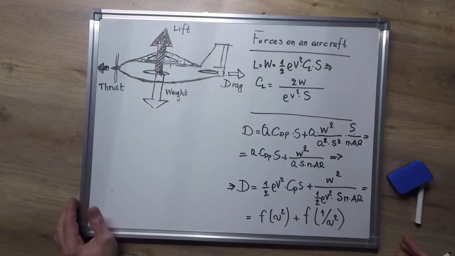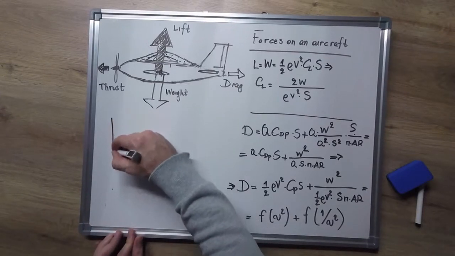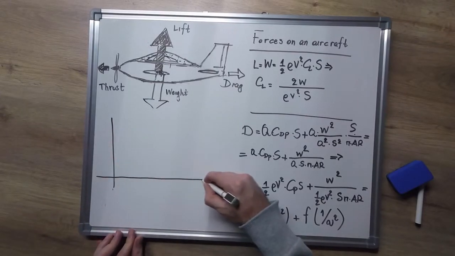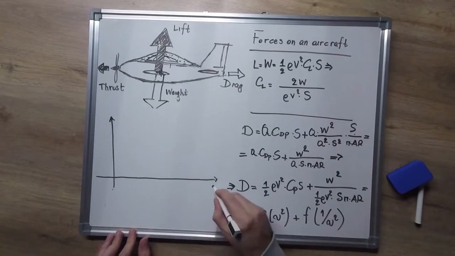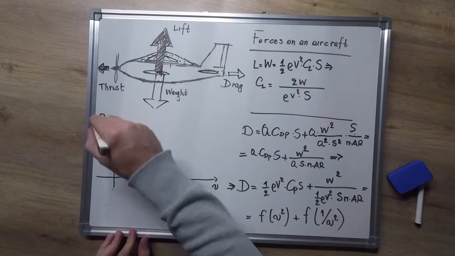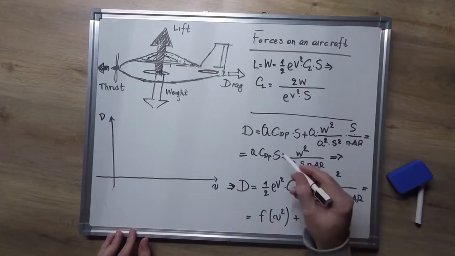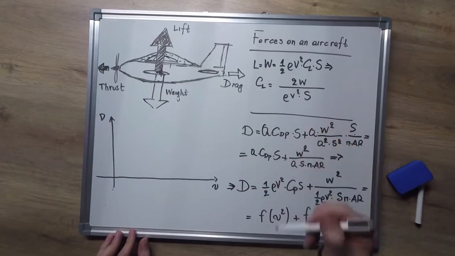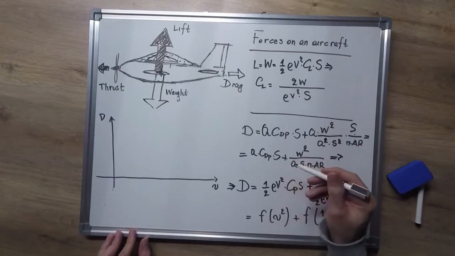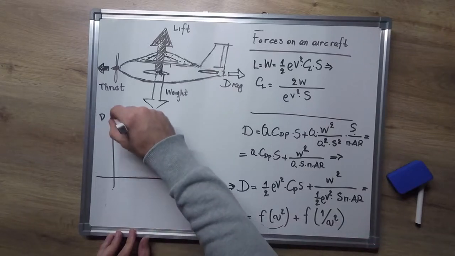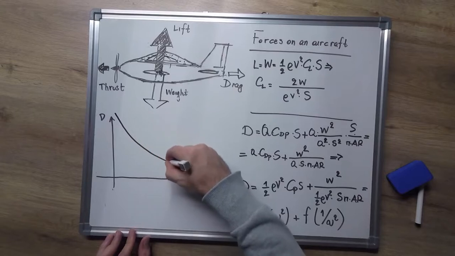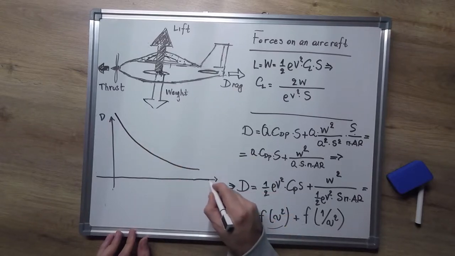So if we are going to make a graph about this, we can clearly see that the first factor, which is the parasite drag, increases with velocity, but the induced drag is decreasing with velocity, and we can sketch this.